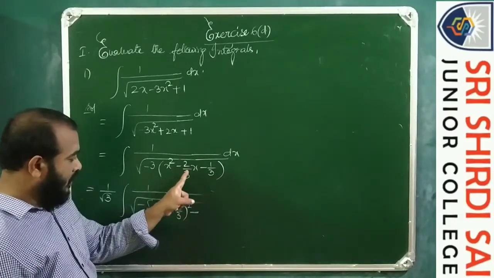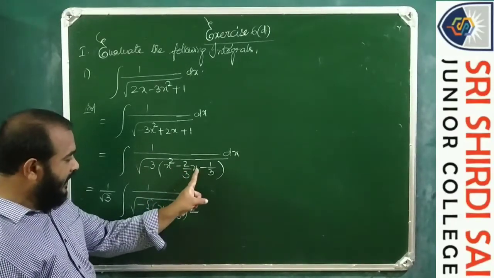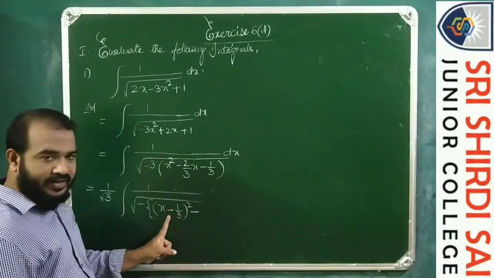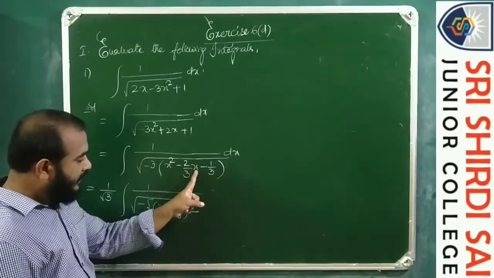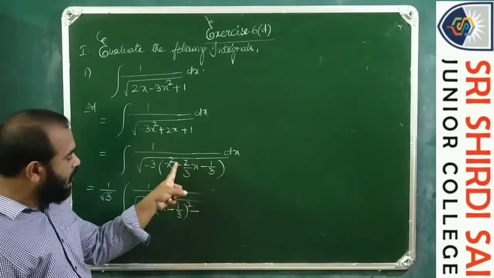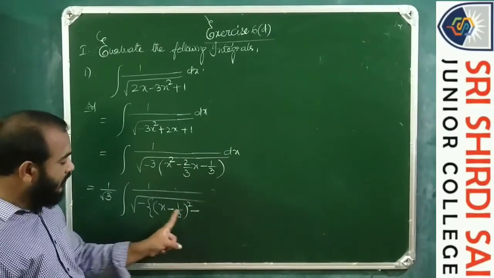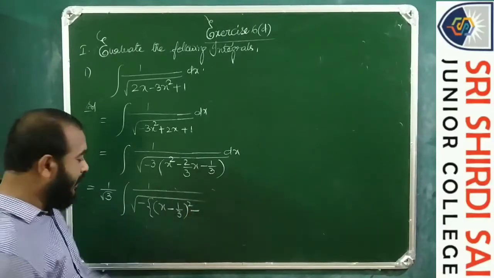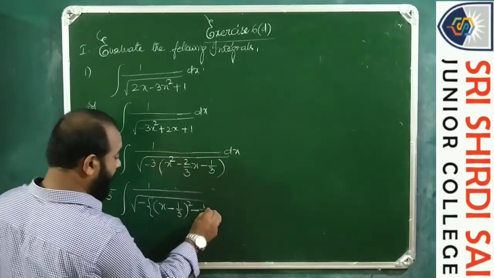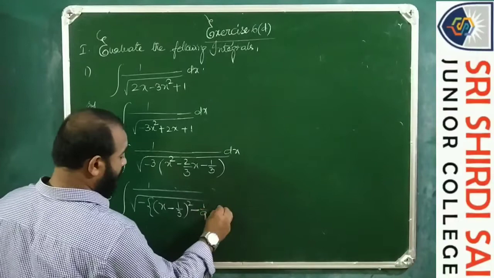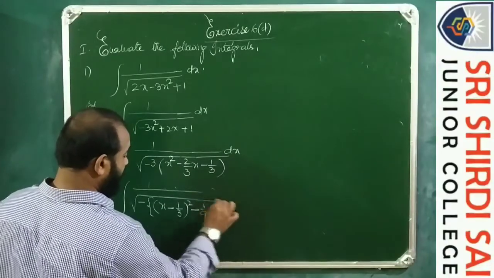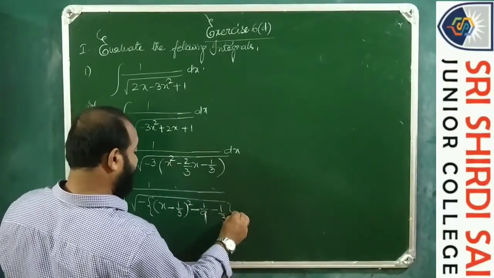Here the x sign is minus, so inside we have to write minus, and if the x sign is positive, then inside we will be getting positive. So here minus, we will be getting 1 by 3 whole square, that is 1 by 9, minus 1 by 3 as it is, dx.